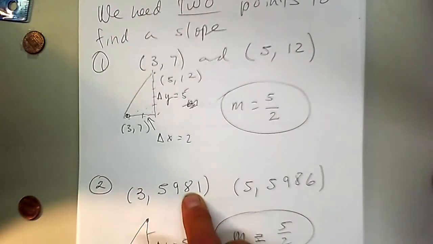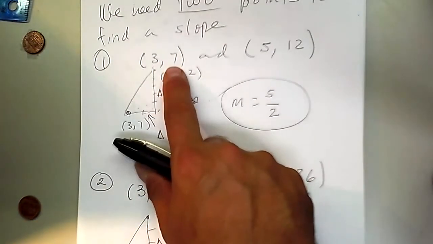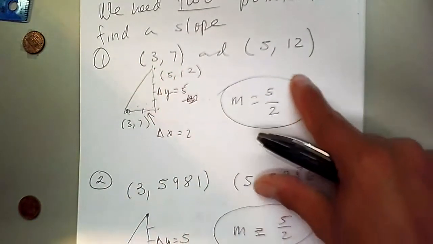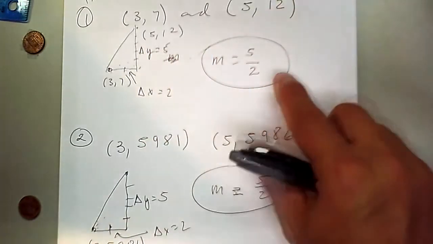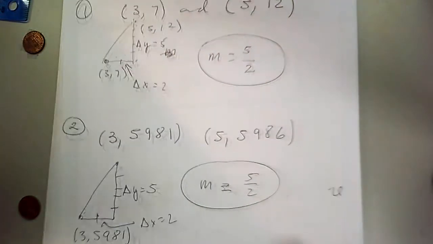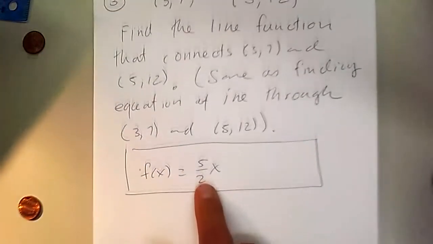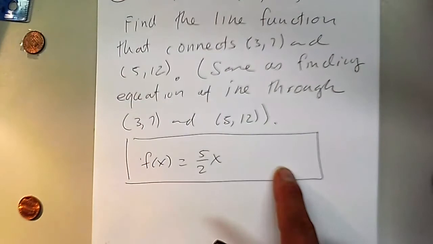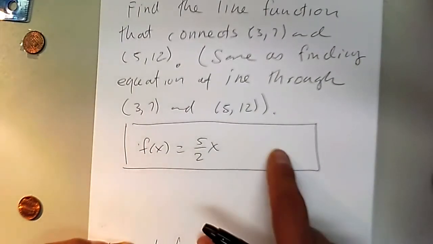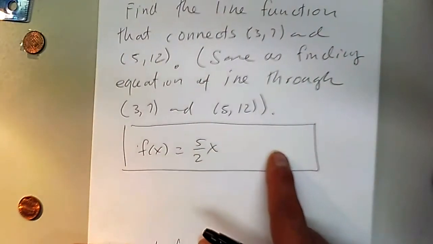The output is gigantic, the output is not so much, yet the slopes are the same. Okay, so the slope doesn't tell you much about the output, which means if we want to have a complete picture, we have to have the slope and a number that tells us something about the output.